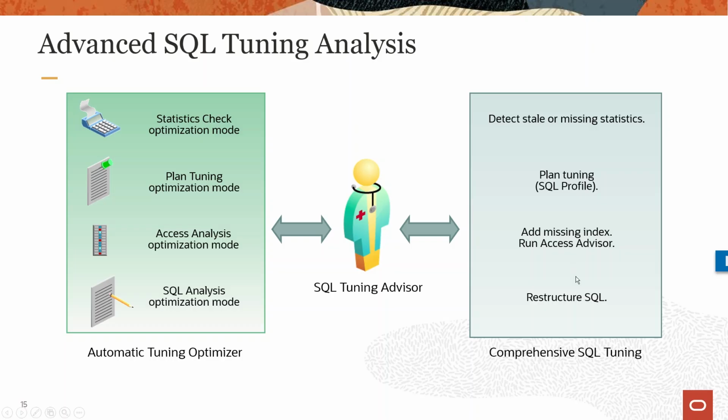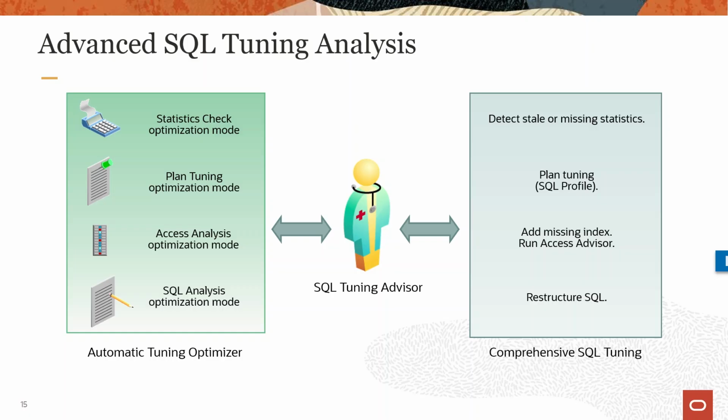Also, the Tuning Advisor can give us recommendations to rewrite your SQL statement. It can also come up with an SQL profile, and an SQL profile are optimizer statistics for a specific SQL statement. Just as you have optimizer statistics for a particular table, a profile are optimizer statistics towards a particular SQL statement.